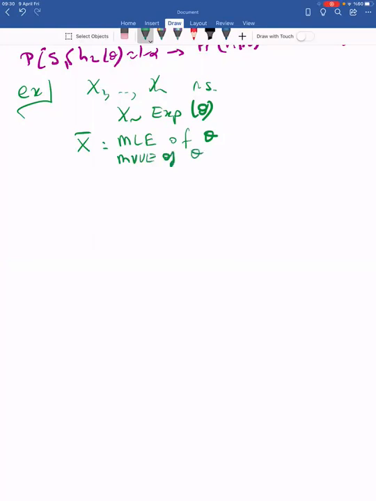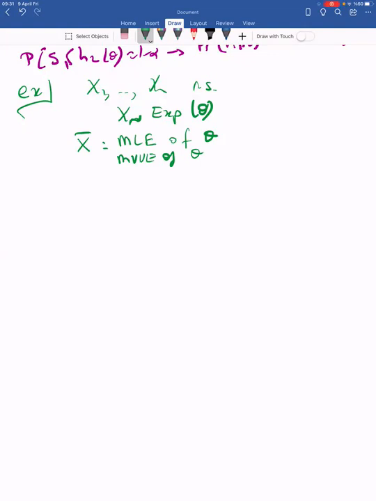And here we know that when we have exponentially distributed random variables, the distribution of X bar is related to the gamma. Then the chi-square distribution is a special case of the gamma distribution, and it has a statistical table.